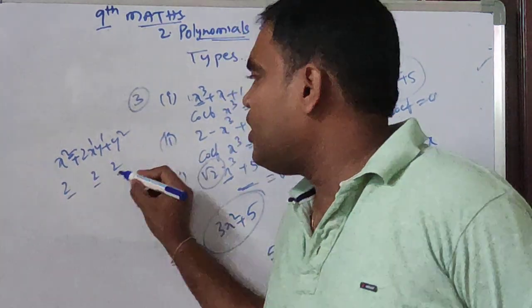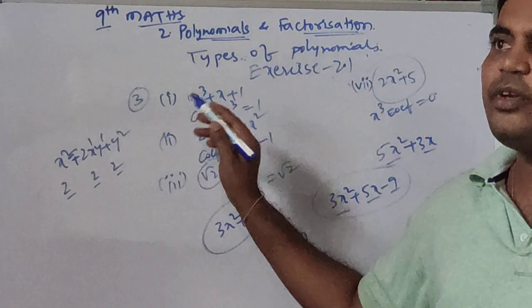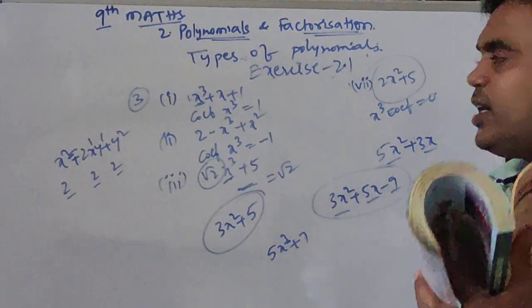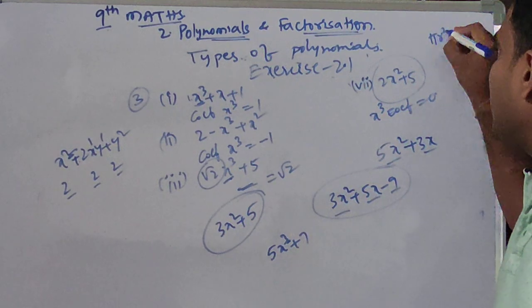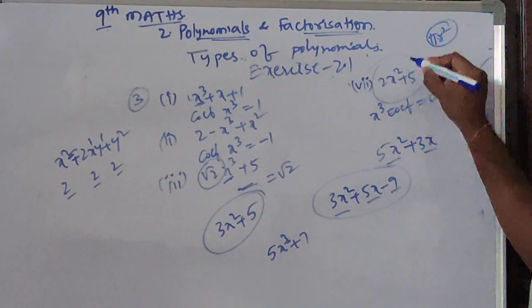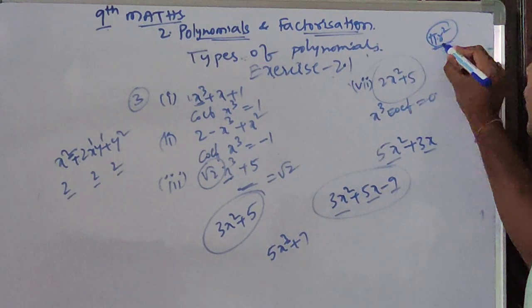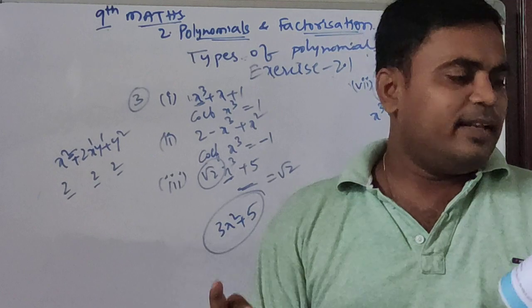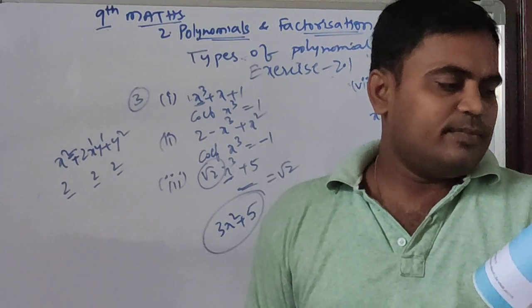So all the powers are equal to 2. The highest power is also 2, so the degree is equal to 2. Pi r square is a monomial. Actually in between it is multiplication, and that means a single term. It contains only one term. If a polynomial contains only one term, it is called a monomial.